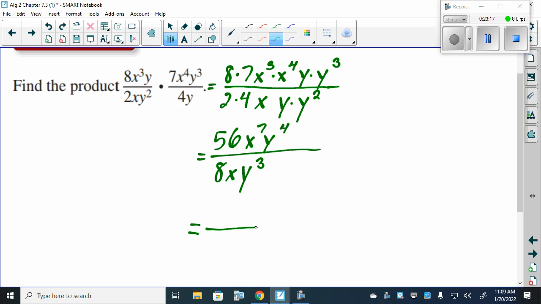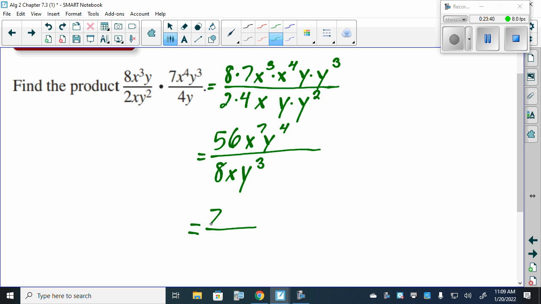Now, we do need to simplify anything that is a like term on top and bottom. So the first thing we can look at is 56 over 8. Well, does 56 divide by 8 evenly? It's 7, so okay. Bigger on top, I'm going to put it on top, because it'd be 7 over 1 or just 7.